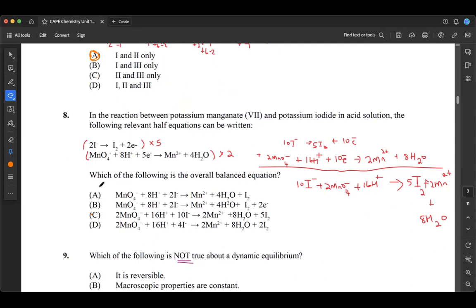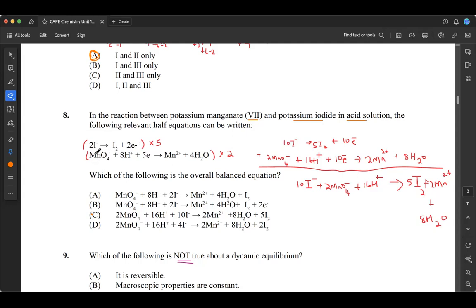8 says in the reaction between potassium manganate 7 and potassium iodide in acid solution, the following relevant half equations can be written. So we have 2 iodide ions going to the neutral iodine molecule plus 2 electrons.